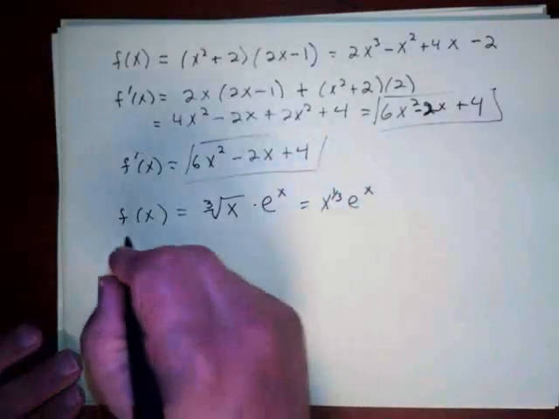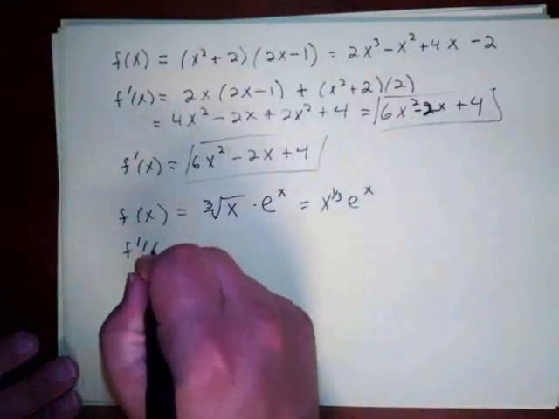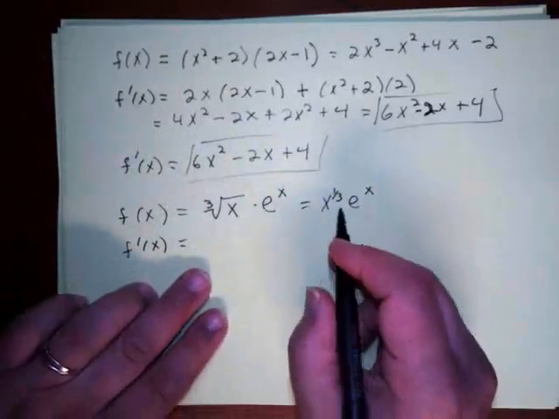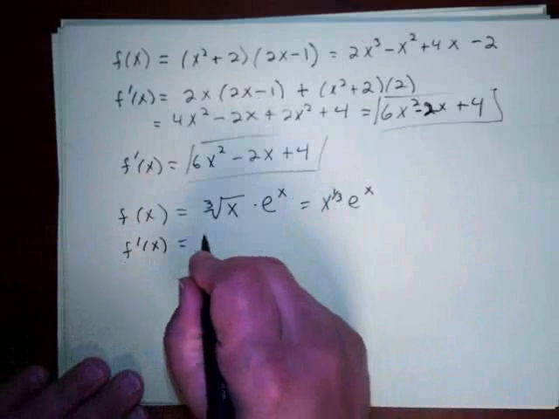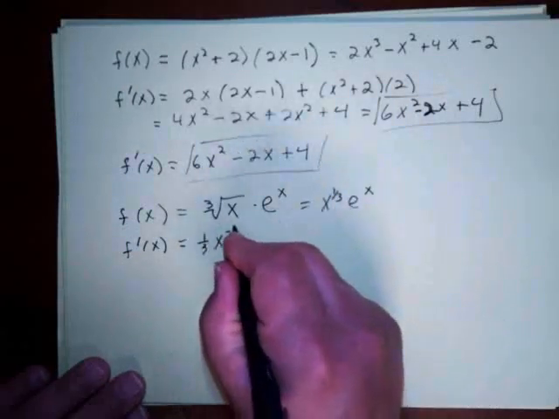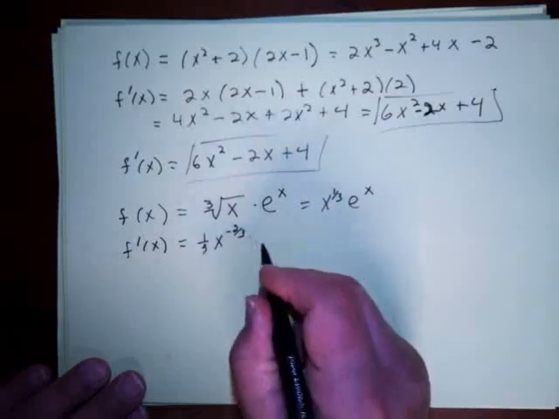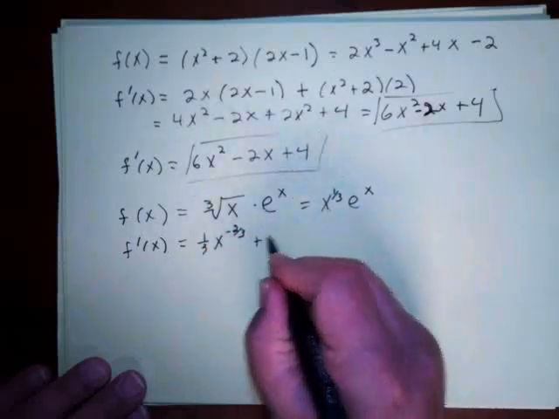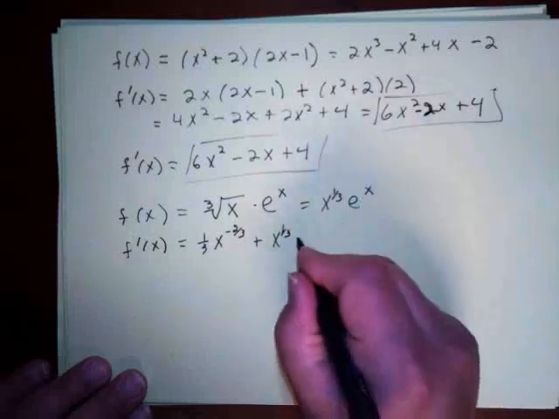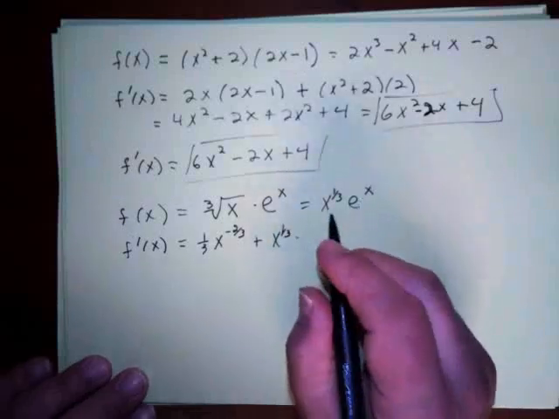So that's a product of two functions. I'm going to take the derivative of the first function, which is 1/3 x, and when I subtract 1, I get negative 2/3, plus this function, x to the 1/3, times the derivative of e to the x.